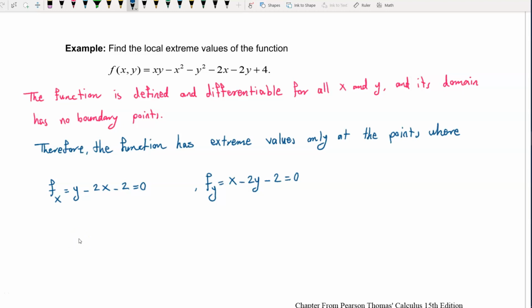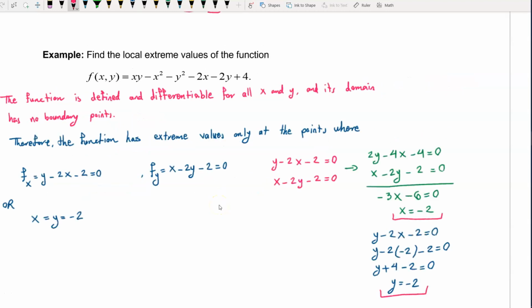So here the partial derivative of f with respect to x is y - 2x - 2, and the partial derivative of f with respect to y is x - 2y - 2. Based on these, we find x and y.